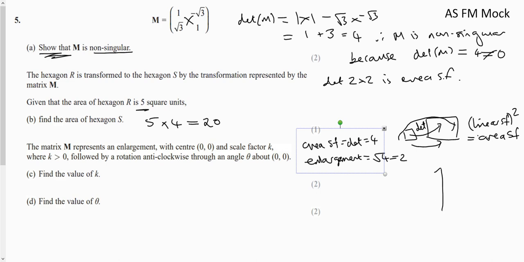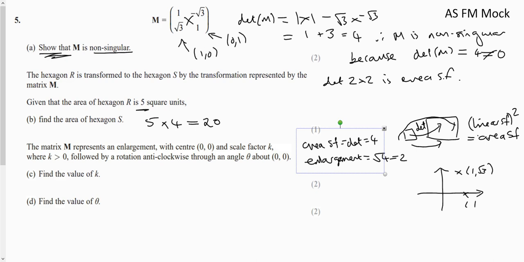The other way to find the enlargement is to look at the points. You remember that the first column of a matrix is where, if you apply that transformation, the point 1, 0 goes, and the second column is where 0, 1 goes. So point 1, 0 here would go to 1, root 3.